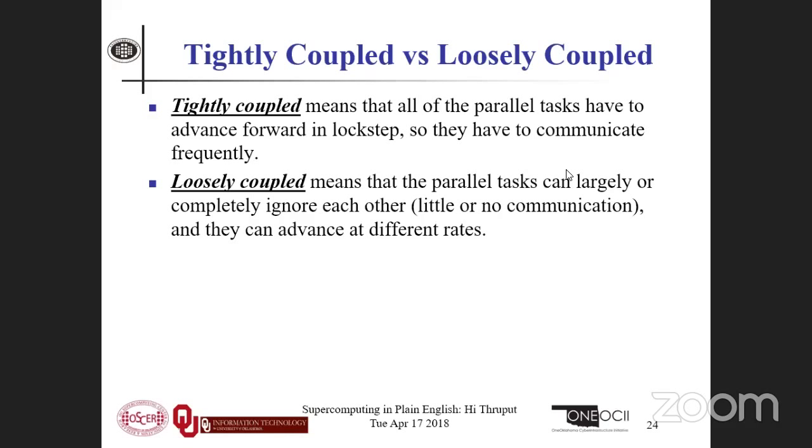So when you're doing a weather forecast over this part of the US, centered around Oklahoma, then the weather on the border between Oklahoma and Kansas, the northern tip of Oklahoma, had better match the southern tip of Kansas.